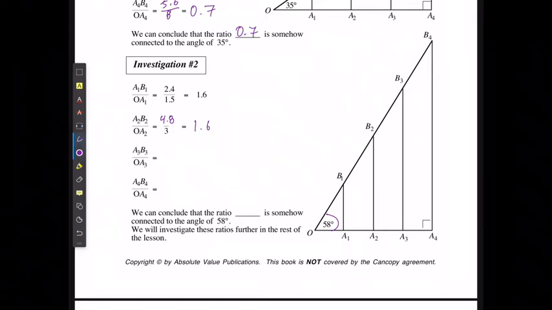For the third one, 7.2 divided by 4.5, which is also going to be 1.6 when I divide them. And lastly, 9.6 divided by 6, which conveniently enough is once again 1.6. So we can conclude that the ratio of 1.6 is somehow related to the angle of 58 degrees.